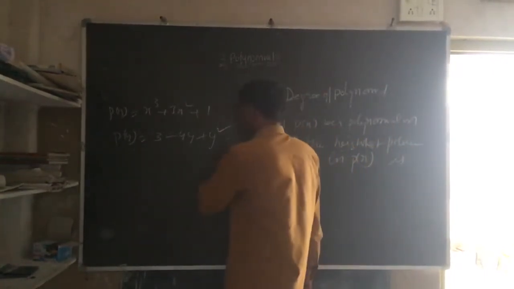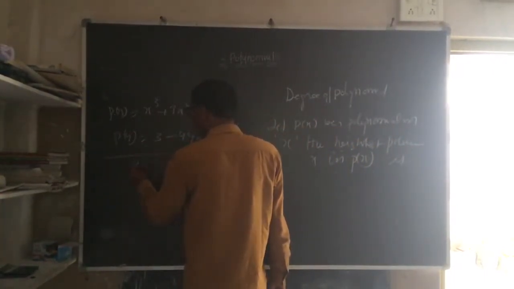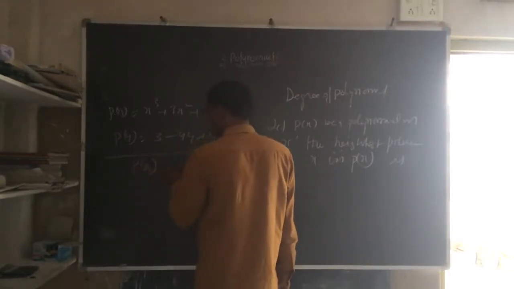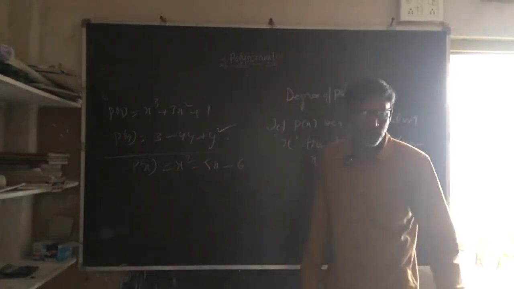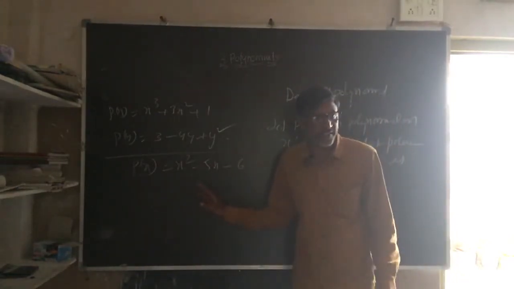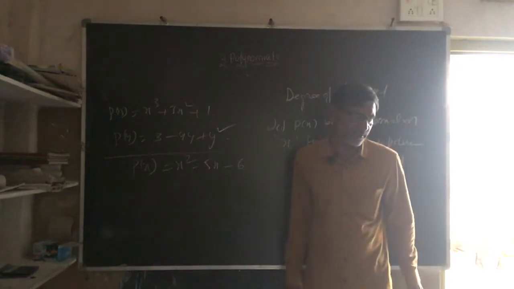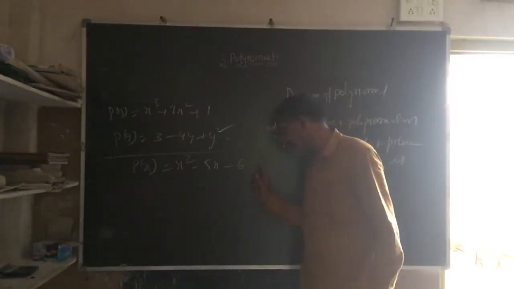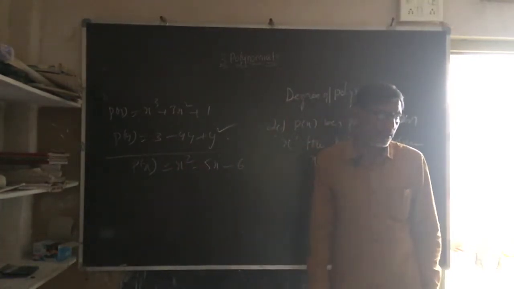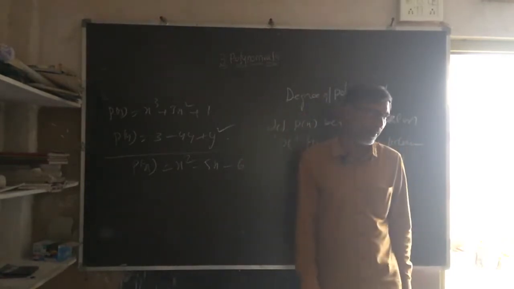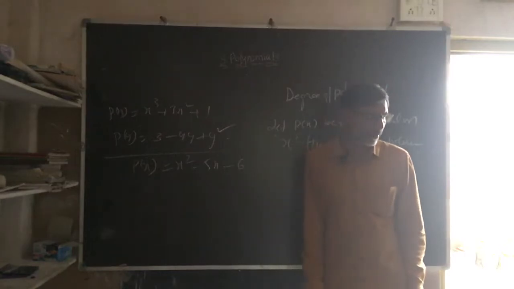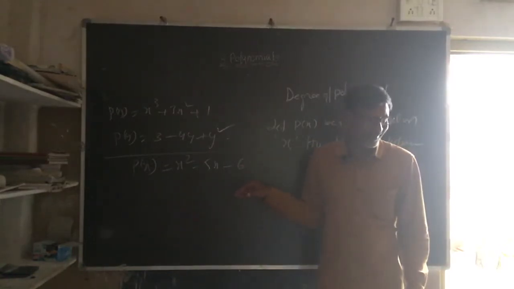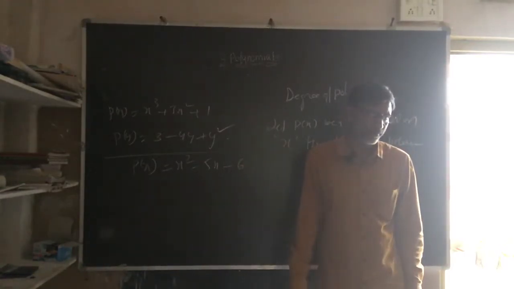So, and then we find the polynomial values. Suppose P of x is equal to x square minus 5x minus 6. This is my polynomial, it is generated from some situation. I don't know what that situation is, I have taken some example. You try to write a quadratic polynomial according to the data given in the question.